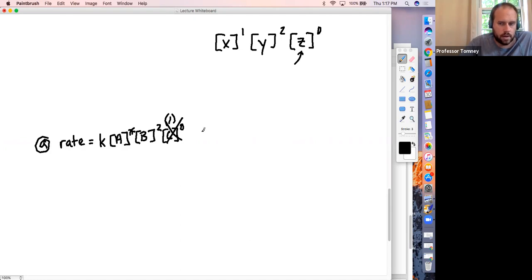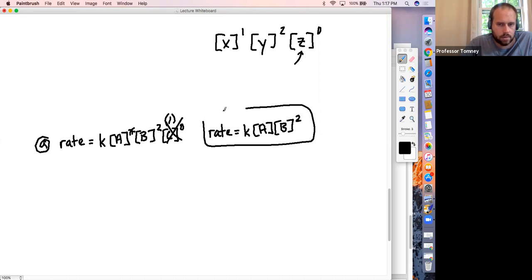So I can drop this whole material out of here. So the way that I can write this is I can say that the rate is going to be equal to the rate constant times the concentration of A times the concentration of B squared. That's the correct way to write the rate law. All right, now I would give you the bulk of your credit if you wrote this first one that's over on the left here.